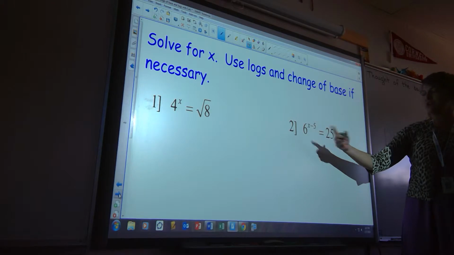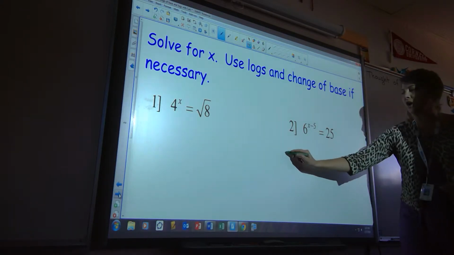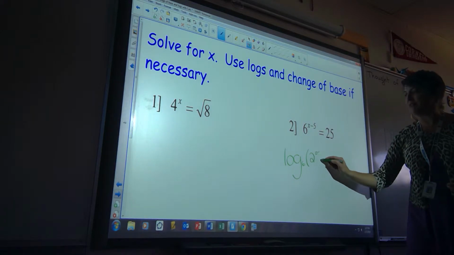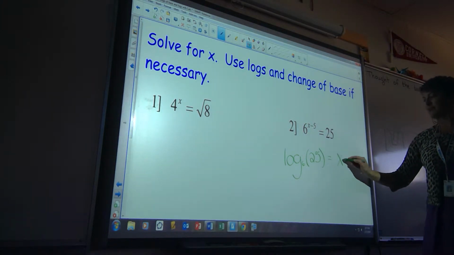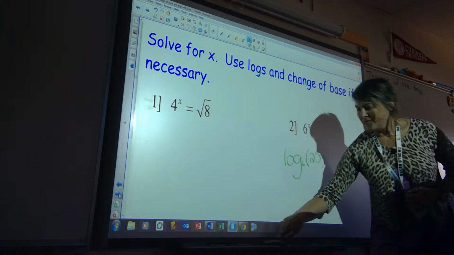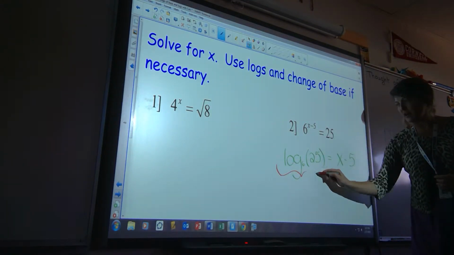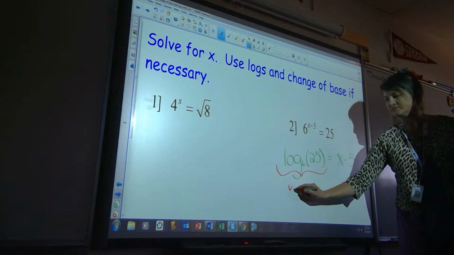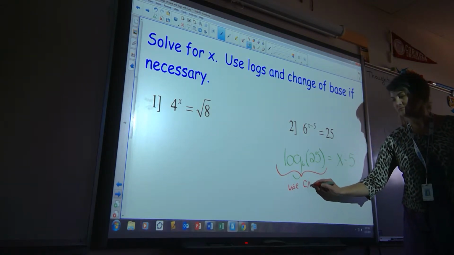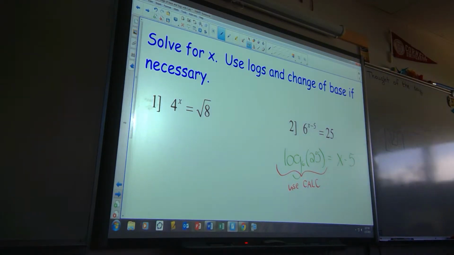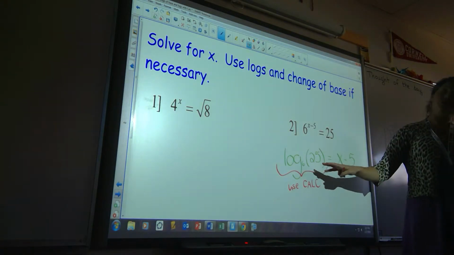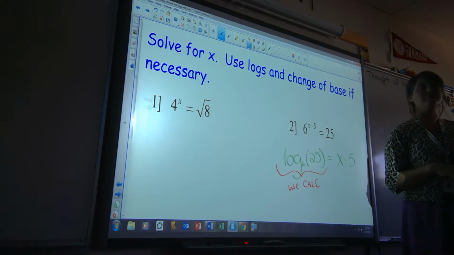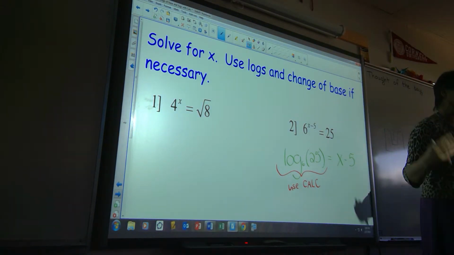Like if I look at number 2, if I was to write that as a log, it would be log base 6 of 25 equals x minus 5. And then you would just reach for your calculator and do that once. You can either do that with the change of base formula or with the whole log base built-in functionality. Either way works, okay?